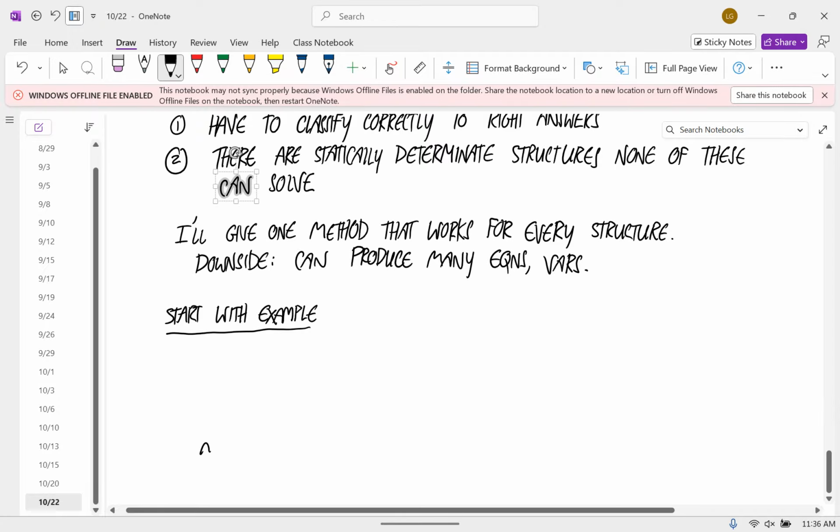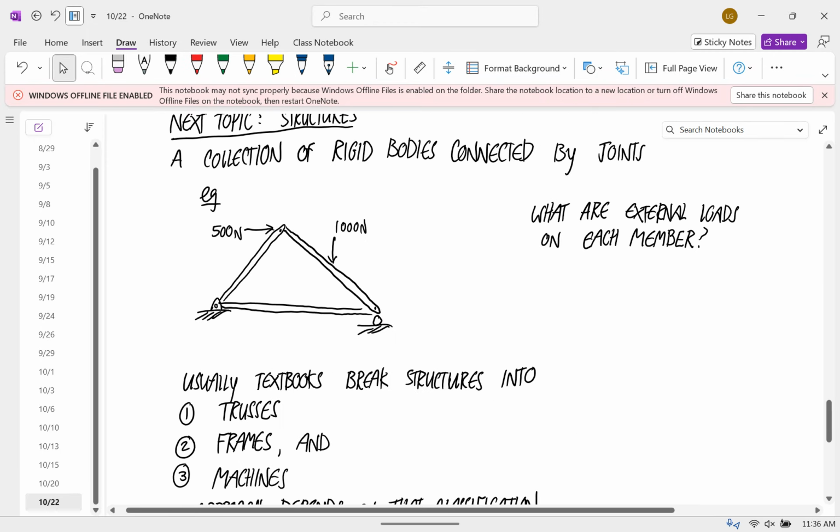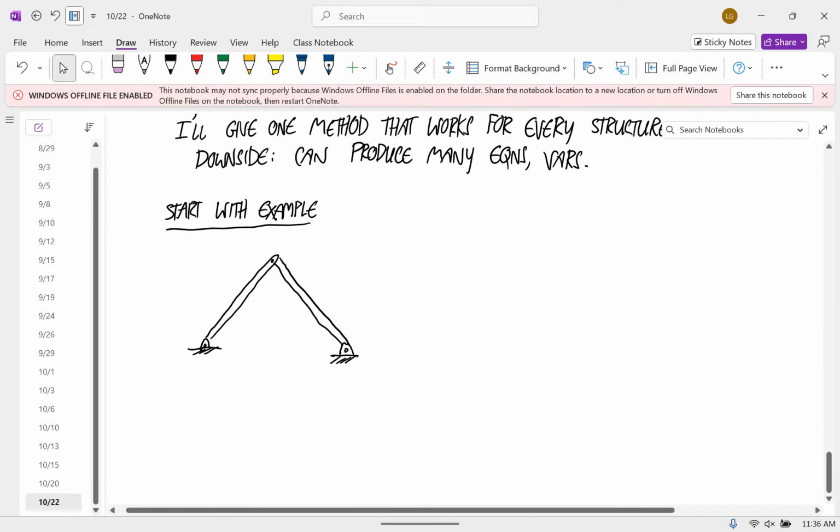Let's say it's pretty similar to the one I just drew. So let's say we have this equilateral triangle. Instead of 3 members and a connection to the ground with a roller, this is just 2 members and they're both connected to the ground with pin joints.